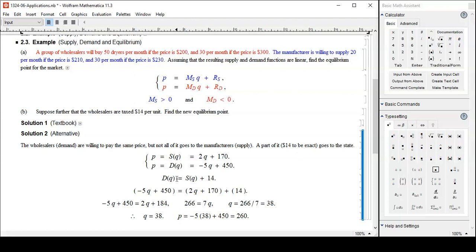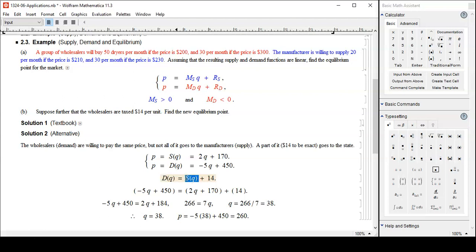So what's happening here? The demand, the money that the consumer pays, is separated into the money that the supplier gets plus the state, the U.S. government. Does this make sense? The money you pay as a consumer is the total amount you pay, but not all of it goes to the seller.